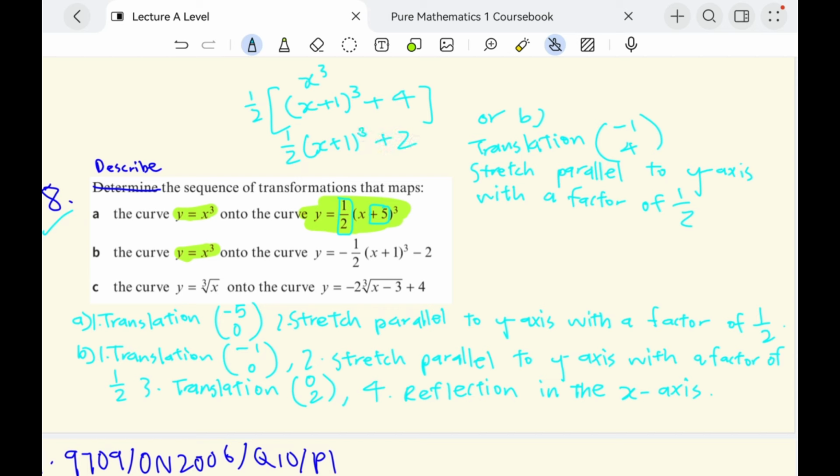Yeah, makes sense. And finally, you can have the reflection in the x-axis. That means you need to negate all of this and expand inside. Yeah. So this answer is also acceptable, just that you need to label the sequence of the transformation. As I mentioned just now, the order is important. All right. Okay.